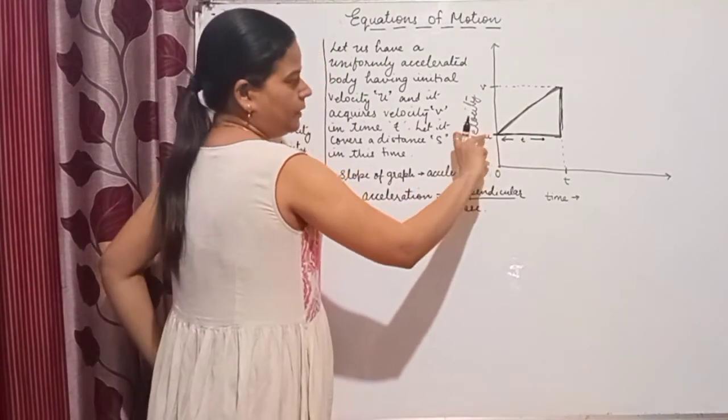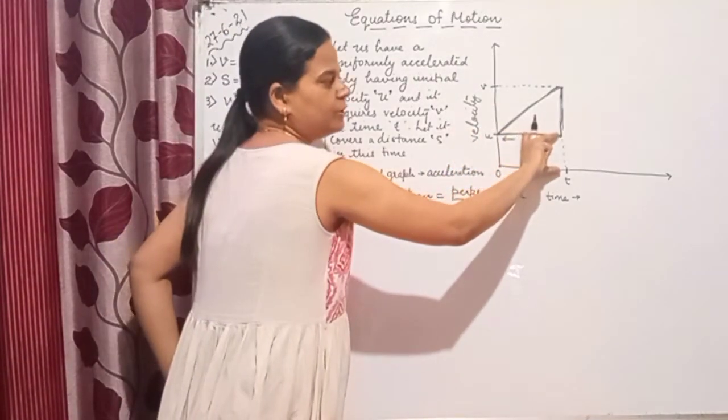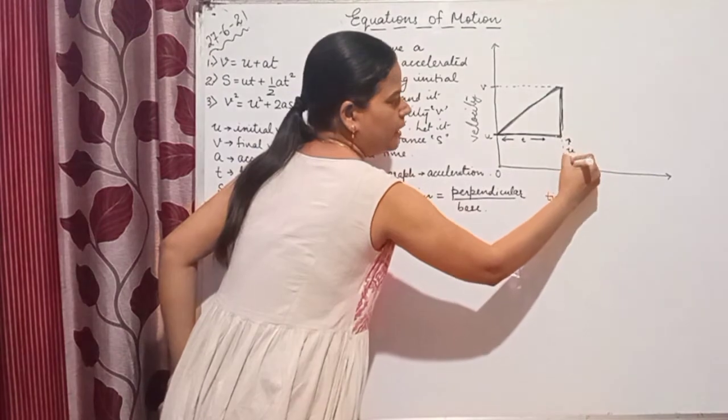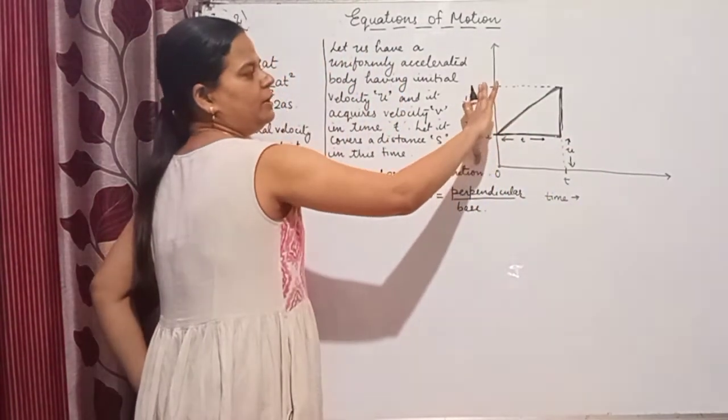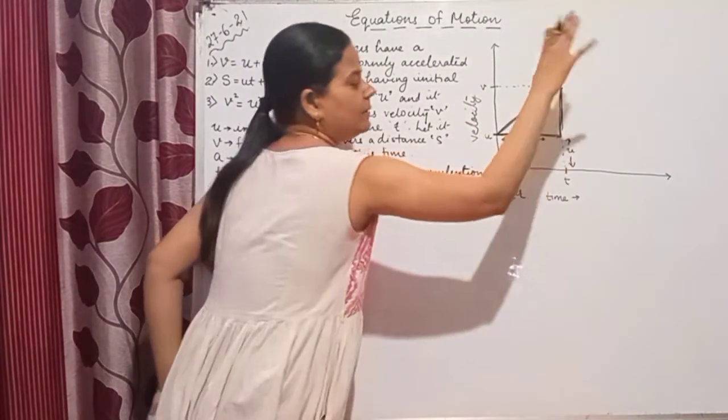Now you see that this point is u, that means this distance is u. So if this distance is u, this distance will also be u. And from 0 to v, this whole distance is v. So this whole distance will also be v.